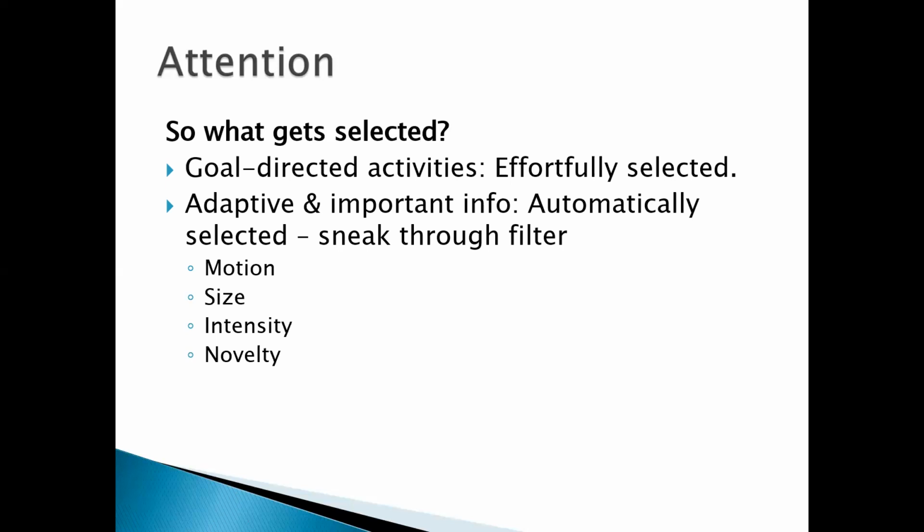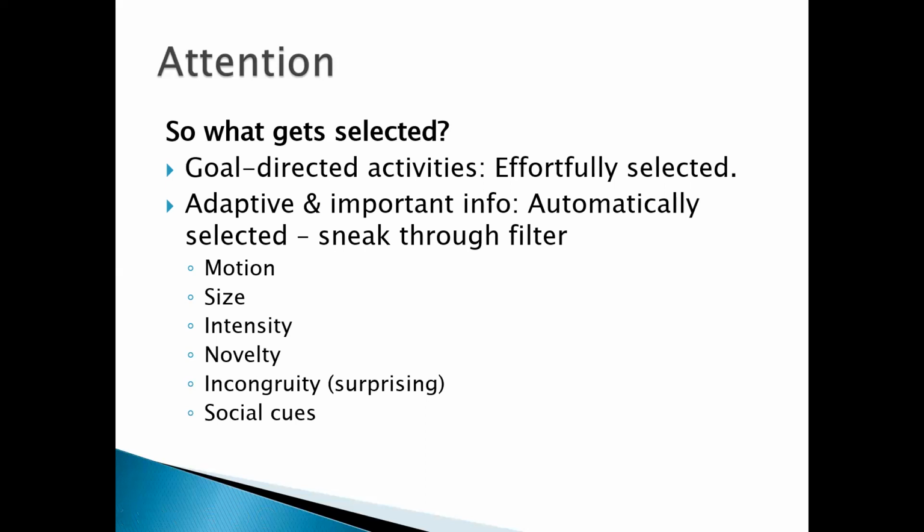We need to detect what is new in our environment, pay attention to it, and learn about it so that we can react accordingly, right? So anything that's new, and this starts all the way in infancy too. Anything that's novel, we will automatically pay attention to. Things that are surprising, which is related to being novel, usually new things that we haven't seen before are surprising, but something that we wouldn't expect.